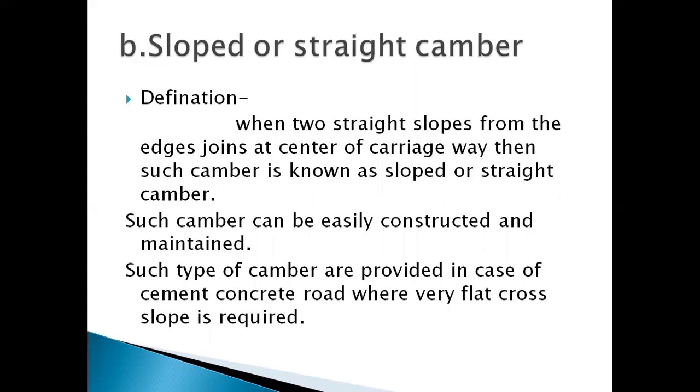In composite camber, there is a parabolic or circular shape on the crown, but in sloped or straight camber, there is no parabolic or circular shape at the center of carriageway. Two straight slopes meet at the center of carriageway.